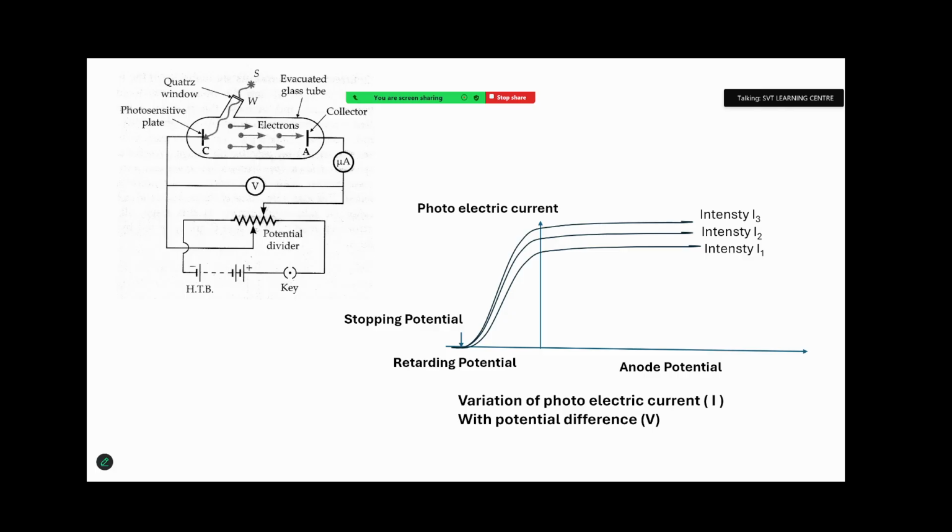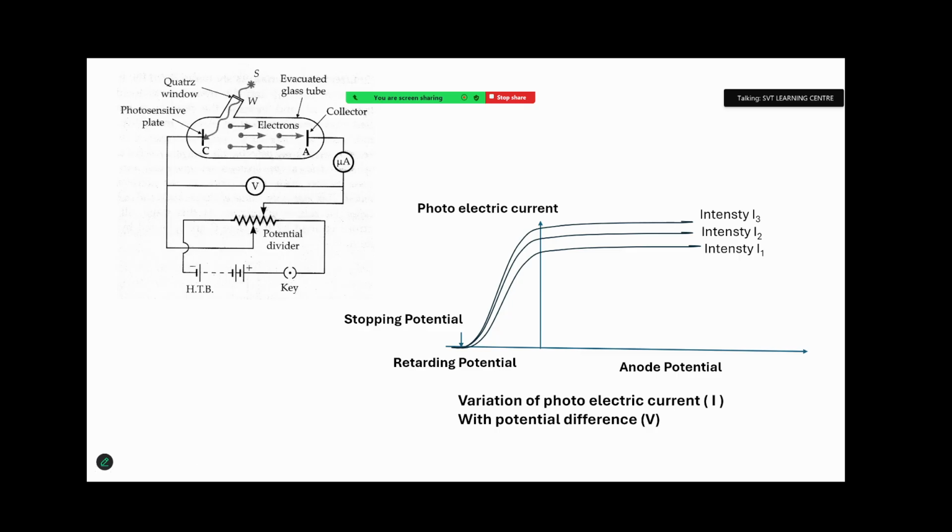Once electrons are being emitted, on increasing the voltage, the current increases, but it soon plateaus or becomes constant. This value of constant current is called the saturation current, and it depends upon the intensity. So if you increase the intensity, the saturation current also increases.